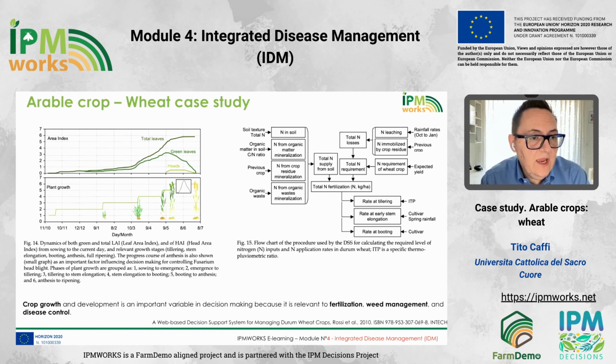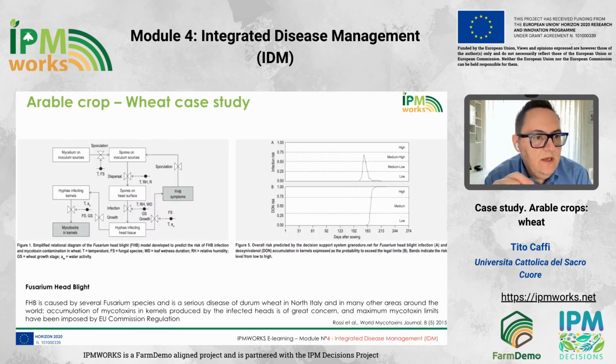We have to check the growth of the plant, not only because of the phenology, to follow the development of the crop, but also because the flowering period is a critical window for the application of fungicide, in order to control one of the major diseases, at least in southern Europe, for instance in Italy, that is Fusarium head blight.